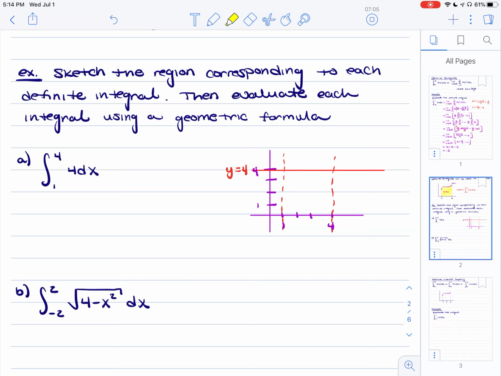We're trying to find this area in here. Well, what we've created is simply a rectangle. So to find our area, we just multiply length times width. So 4 times 4, which is equal to 16.